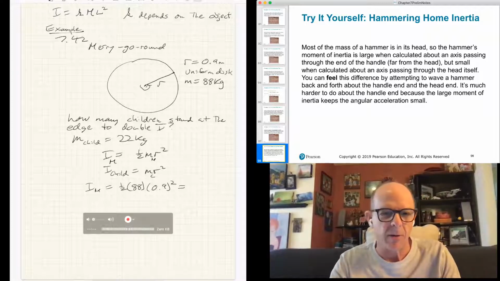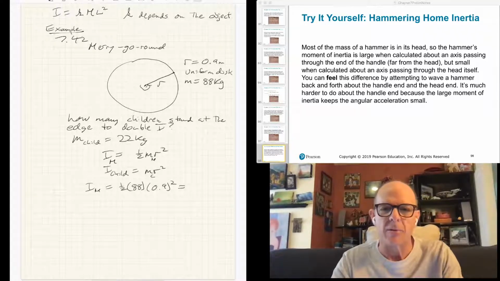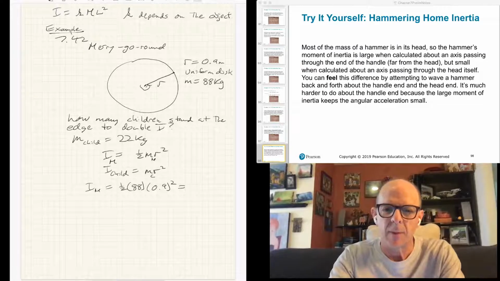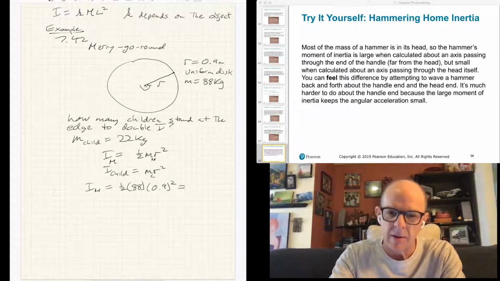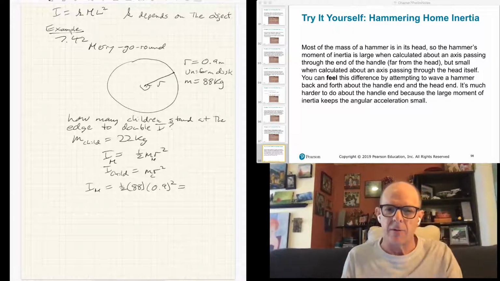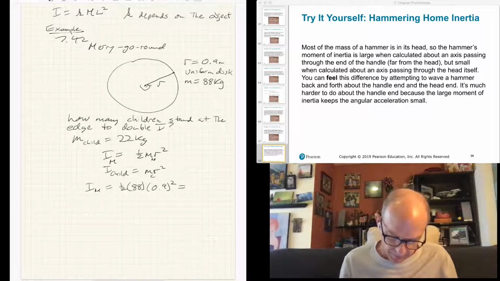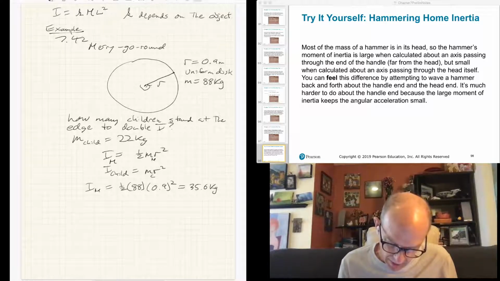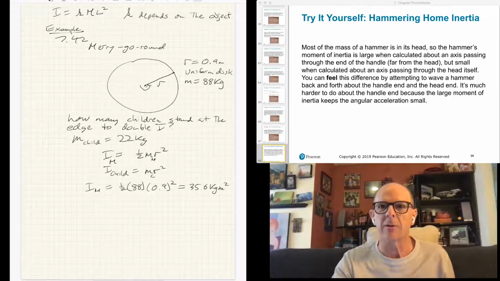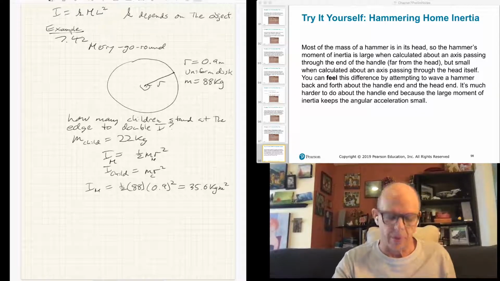Now let's figure out what that numerical value is. 0.5 times 88 times 0.9 squared is 35.6 kilogram meters squared. That's the units for moment of inertia.